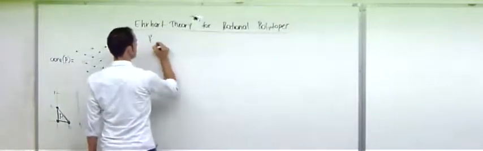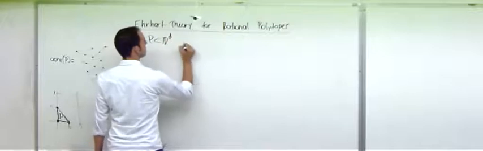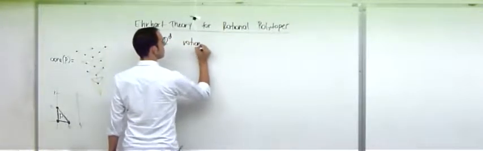And when I say P is rational, that basically means that the vertices are rational, have rational coordinates. Okay.